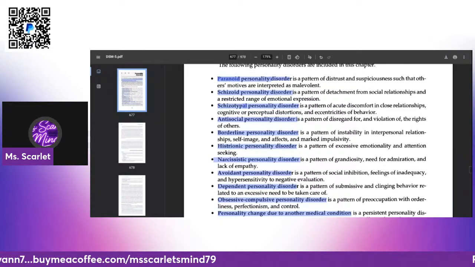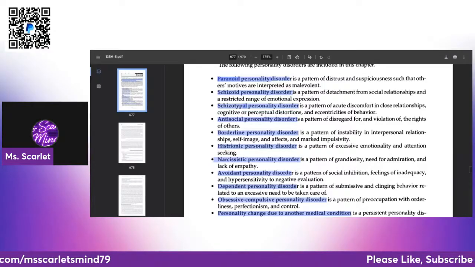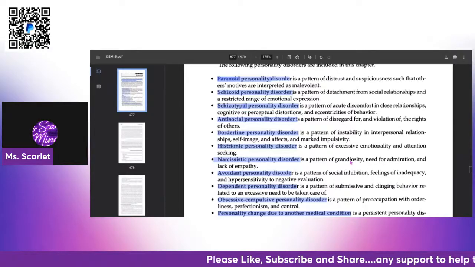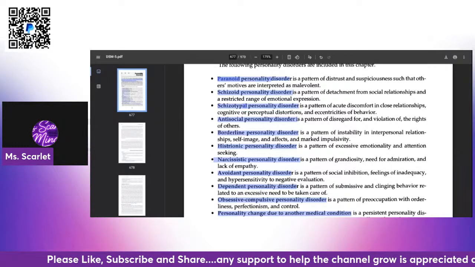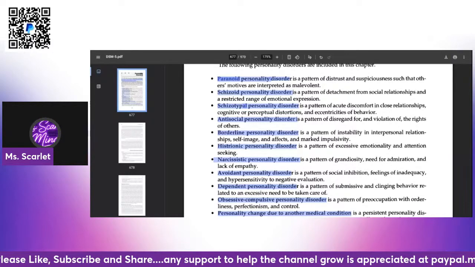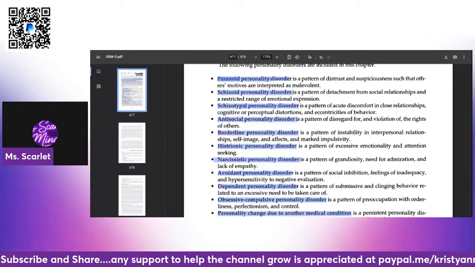Because she also has a bit of antisocial, being that she doesn't seem to care or have regard for other people in what she's done. Now, histrionic is a pattern of excessive emotionality and attention seeking. Okay.